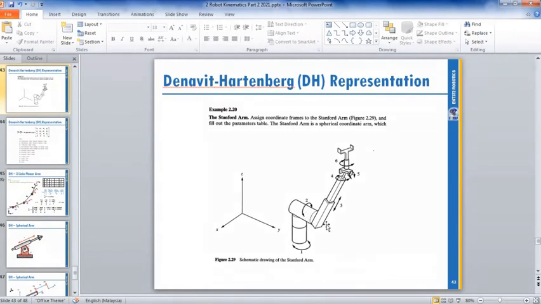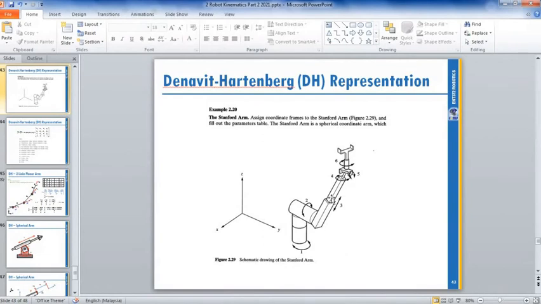Yes, 90 degree X at this, because you see this is Z and this is Z, or from Z vertical change to Z horizontal. So they must be changing 90 degree. But you need to draw your frame lah. When you draw your frame, then you can exactly know your angle.